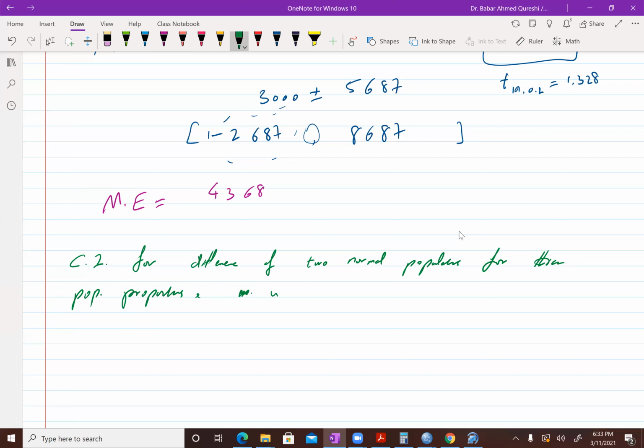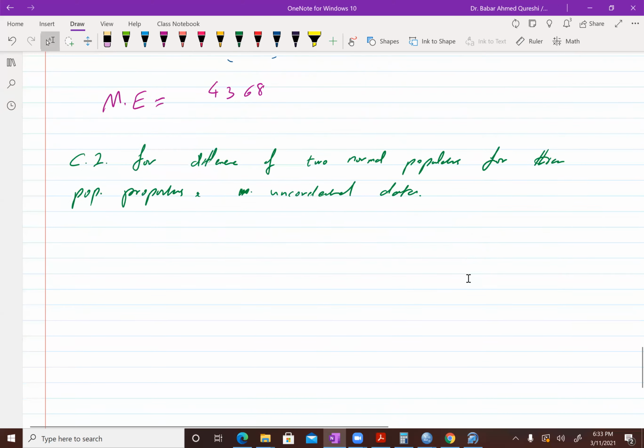And it's an uncorrelated data. So what would happen in this case?